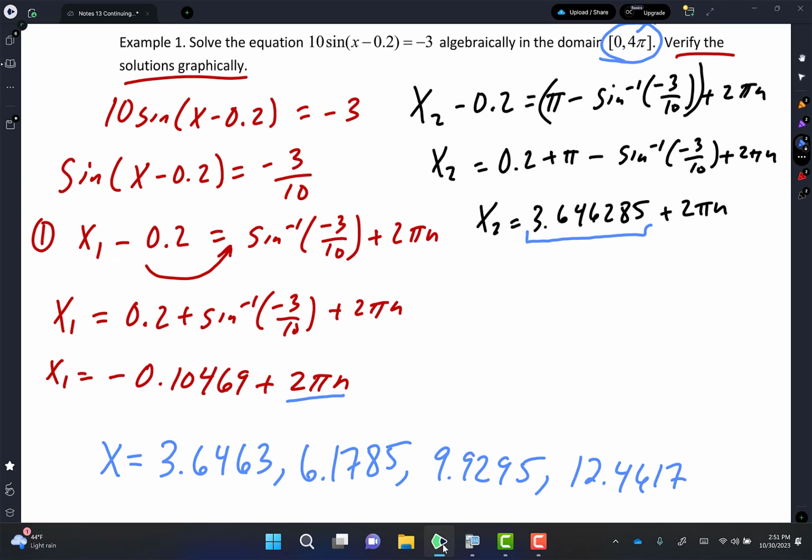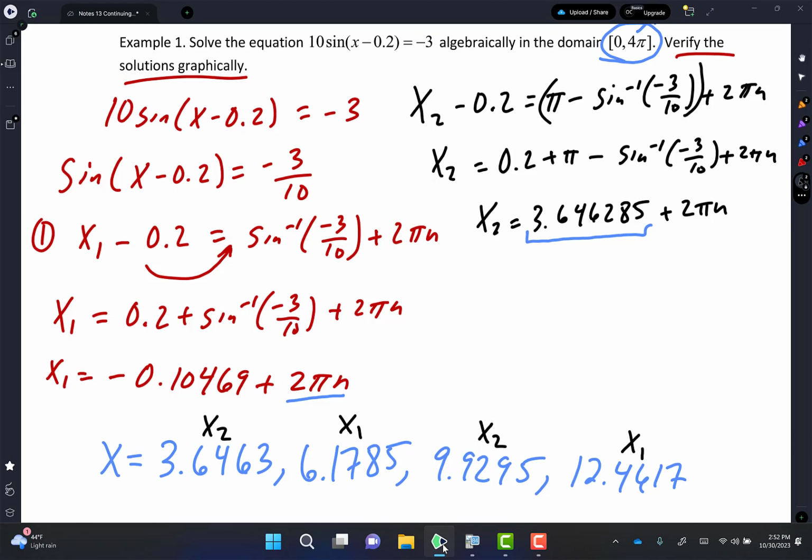We still haven't proved it graphically, but we're just verifying. I'll write it here. This one is coming from X2. This one is coming from X1. This one's coming from X2. This one's coming from X1.